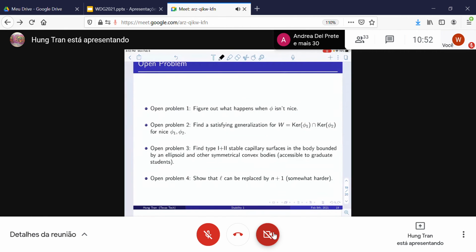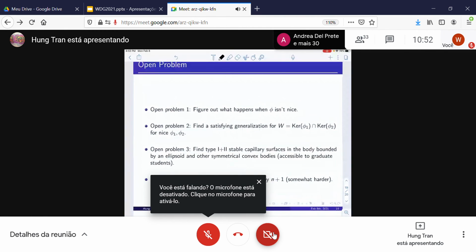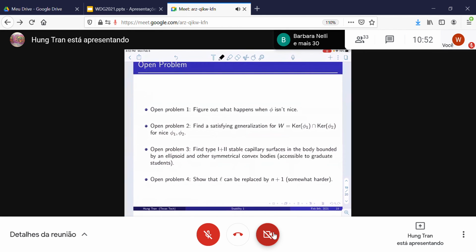Another open problem is, instead of considering just one linear functional, we can look at two linear functionals and consider the intersection of them. The difficulty is that even though we assume phi1 and phi2 are nice, subject to the original consideration, when you consider phi1 and phi2 on some reduced subspace, it might not be nice anymore.